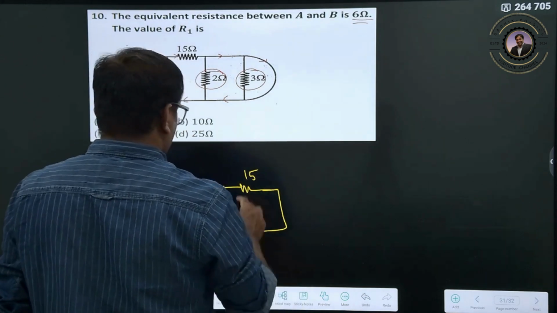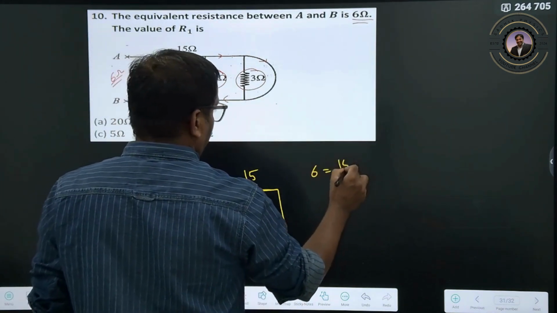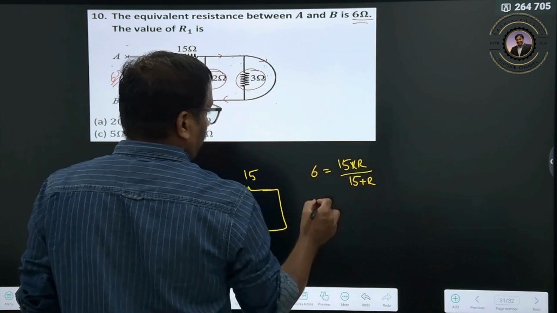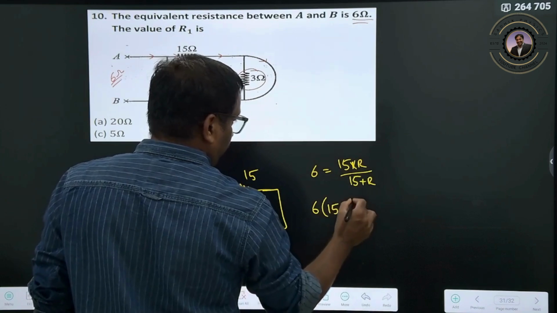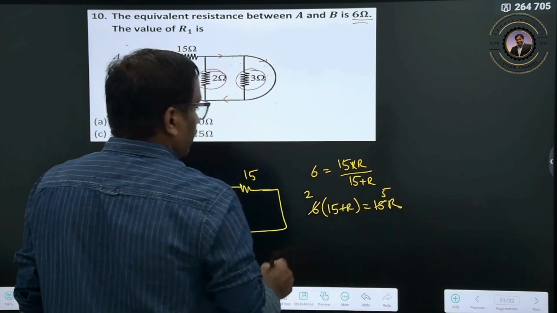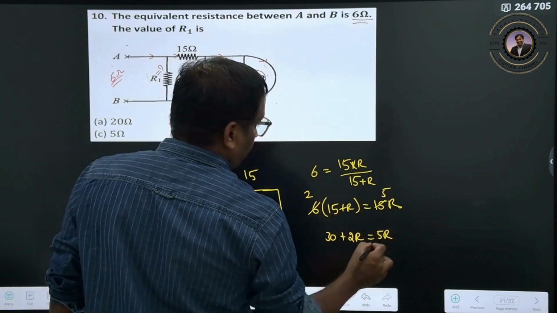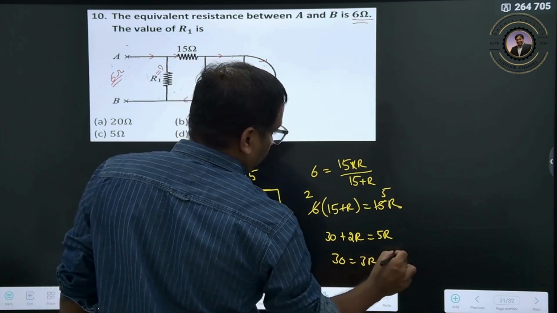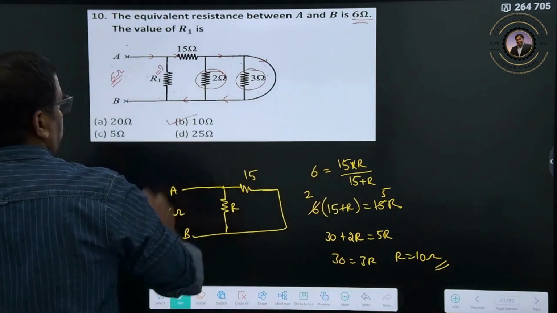So these two are in parallel, therefore 6 is equal to 15 into R by 15 plus R. Taking this over, 6 into 15 plus R is equal to 15R. So 90 plus 6R is equal to 15R; dividing by 3, 30 plus 2R will be equal to 5R. So 30 is equal to 3R, therefore R is equal to 10 ohms. Clear? So this should be your answer.